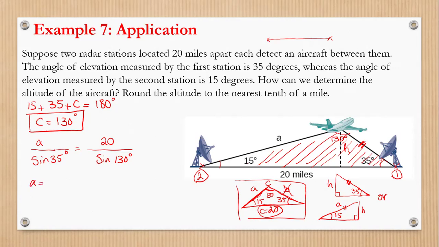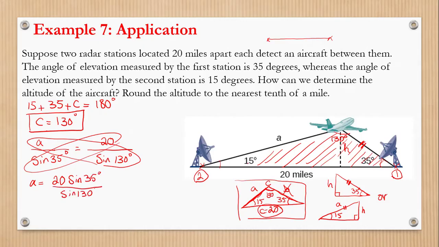If I do the cross multiplying, A times sine 130 equals 20 times sine 35, and then divide both sides by sine 130. On the calculator, A must be 6.76. Okay, I have this side, 6.76.